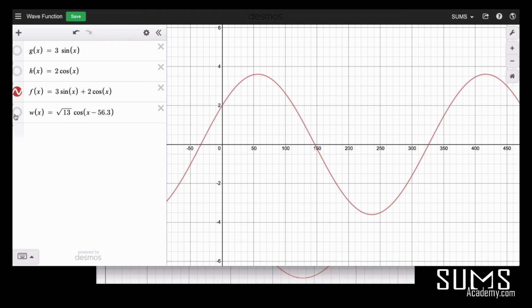What we can do is if we turn this on, you'll see that actually this equation and that equation describe exactly the same wave, right? But you've been able to write it out just using a cos term. So what we're going to go on to do is show how to write it like this, okay? And it's a lot easier to figure out.